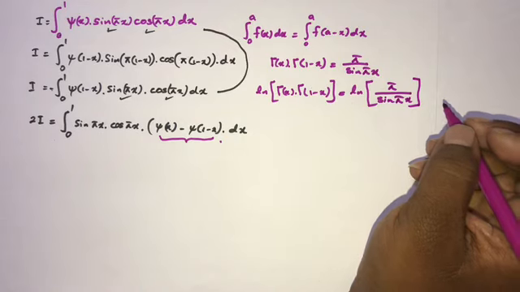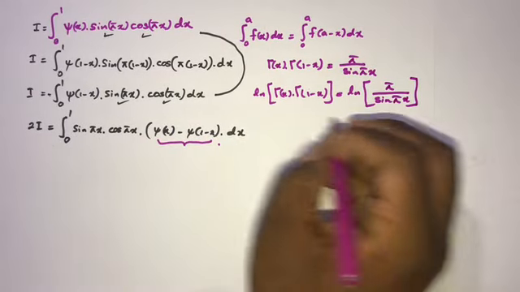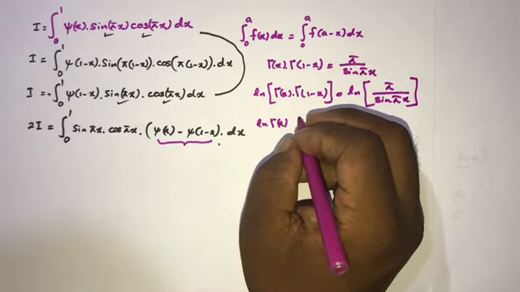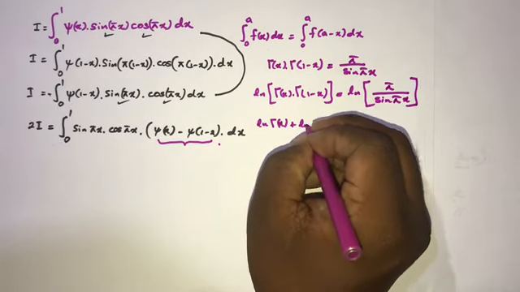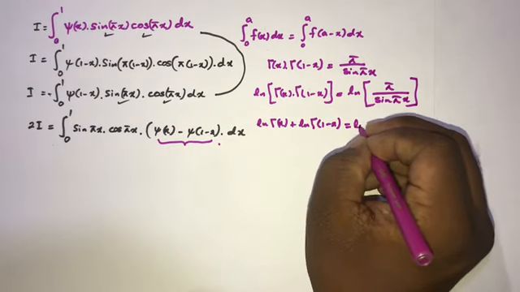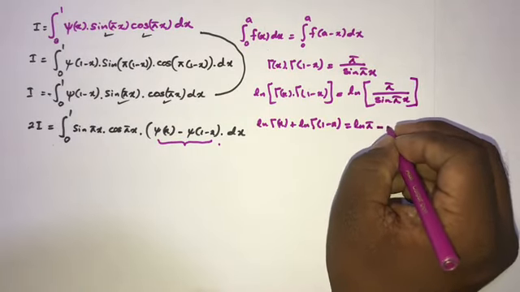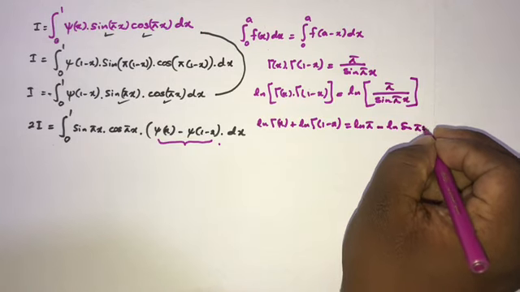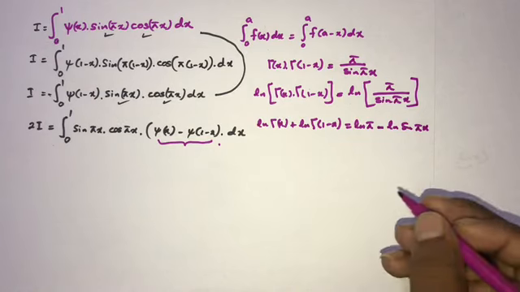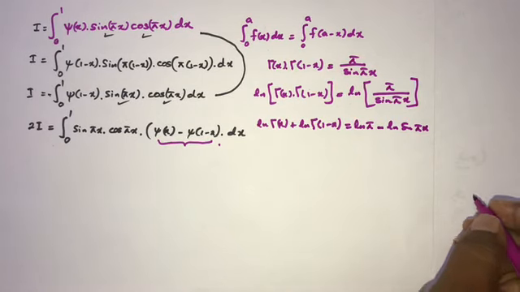Then according to the property of natural log, we can write natural log of gamma of x plus natural log of gamma of 1 minus x is equal to natural log of pi minus natural log of sine of pi x.